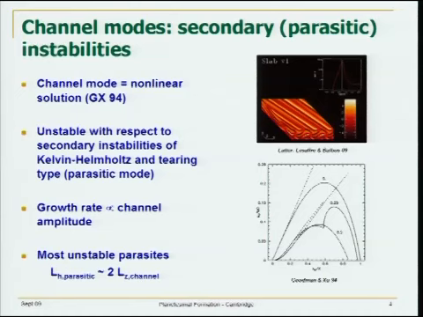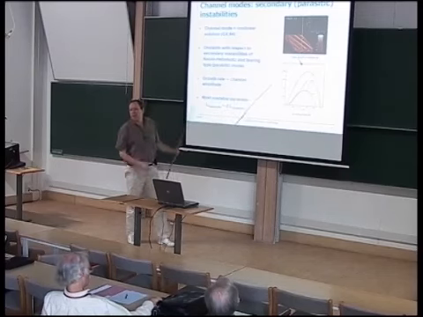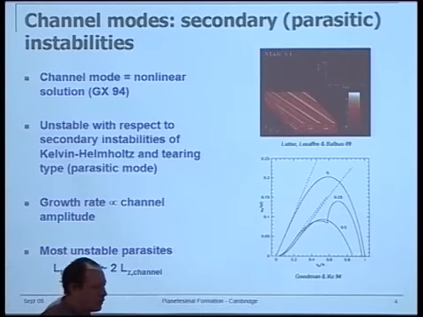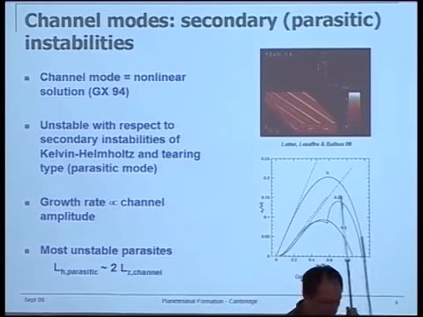And the most unstable such instabilities have a wavelength in the horizontal direction that is typically twice as large as the vertical wavelength of the channel mode.